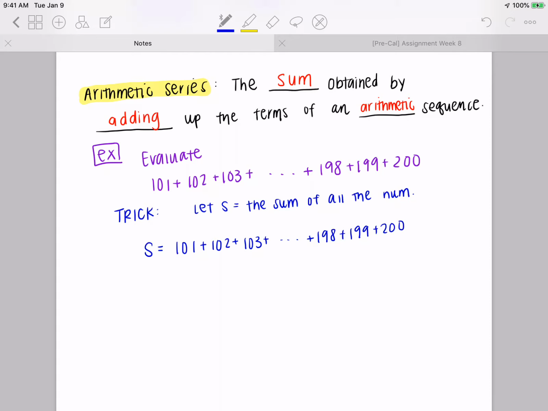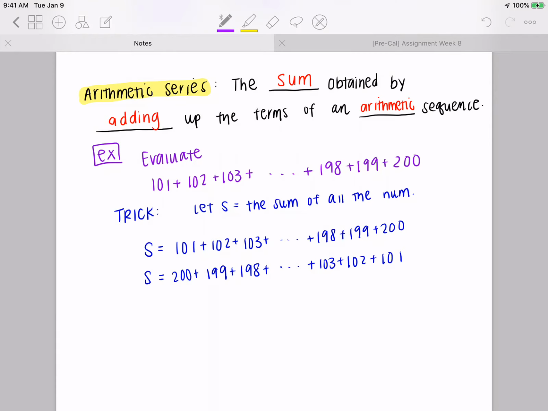Okay, and then I'm going to write S again. This time I'm going to write it in reverse order. So that means I'm going to start with 200 plus 199 plus 198 plus dot dot dot plus 103 plus 102 and plus 101.